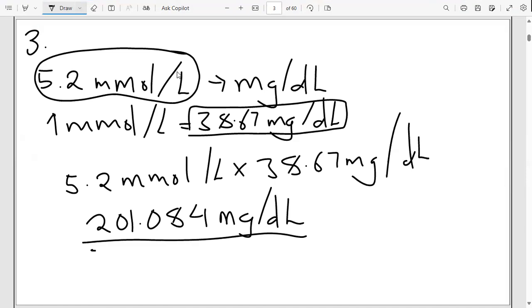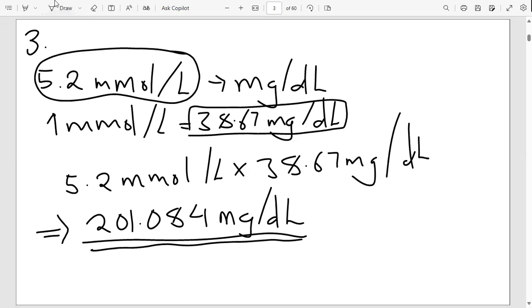That is the answer we are looking for. If we convert 5.2 millimoles per liter to milligrams per deciliter, we get 201.084 milligrams per deciliter, and that is all on question 3.